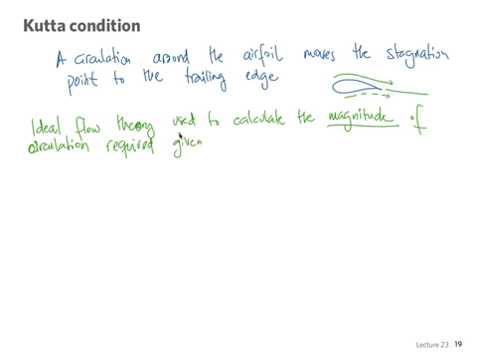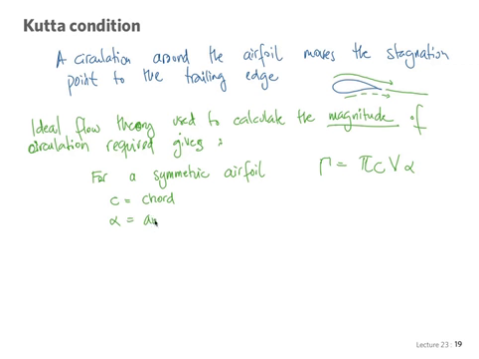We can't prove it in this class with the limited amount that we've studied of potential flow, ideal flow theory, and so on, but it gives, for a symmetric airfoil, gamma equals pi c v alpha, where c is the chord, v is the velocity, of course, pi is the number pi that we all know, and alpha is the angle of attack.